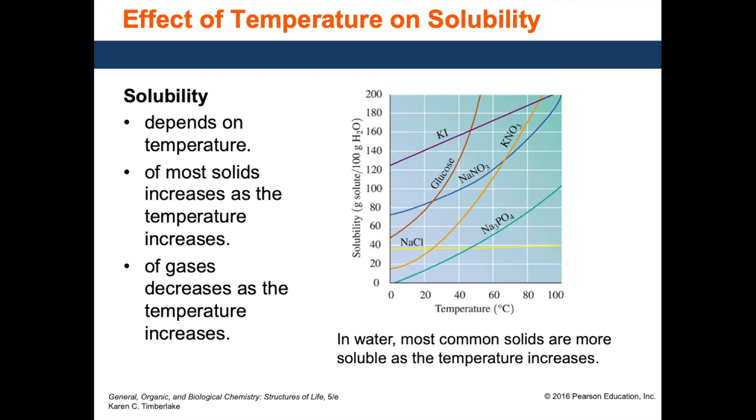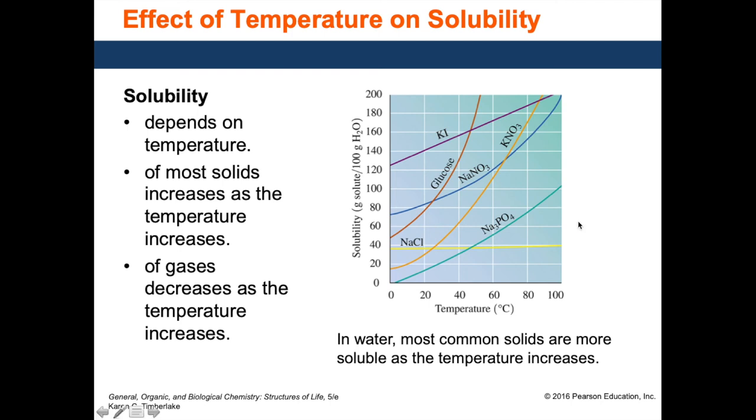So you're going to see that the amount of potassium nitrate that you can dissolve will increase as the temperature increases. And this is typically true for pretty much almost every solid solute. Solid solutes tend to dissolve better as your temperature increases.